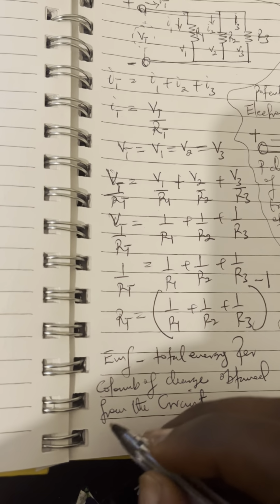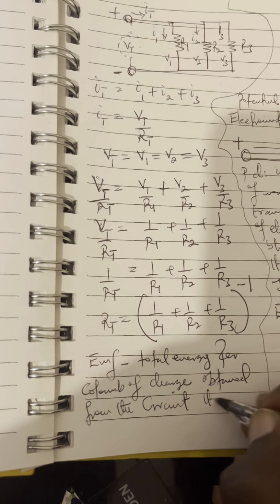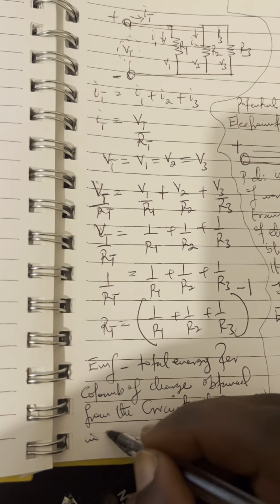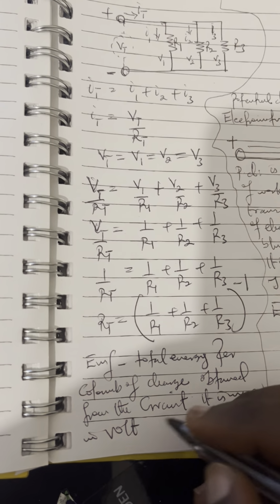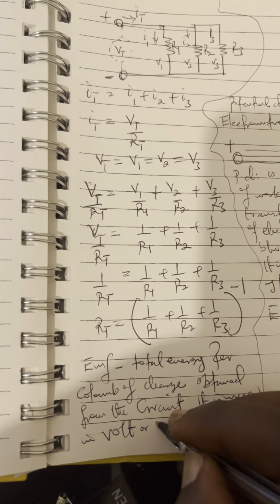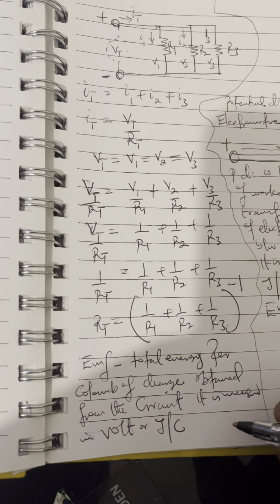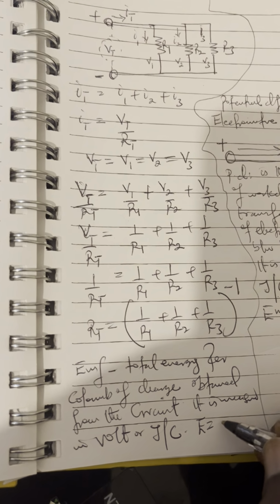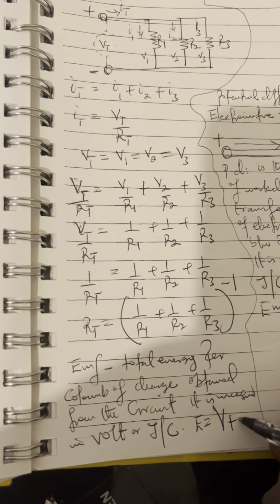And that's why it is measured in volts, or joules per coulomb. So therefore, you have your EMF equals big V plus small v.